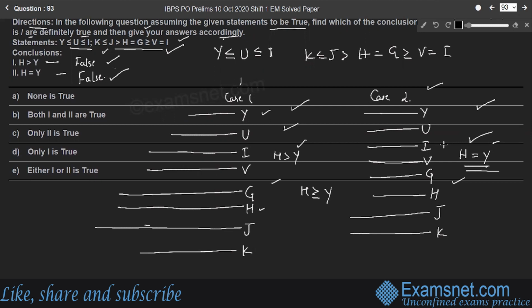So both the conclusions cannot be true at a time. That is the meaning of it; you cannot take the answer as none is true, because if one is true, the other is false. If the second conclusion is true, the first will be false. Therefore, either 1 or 2 is true. Hence, option E is the right answer.